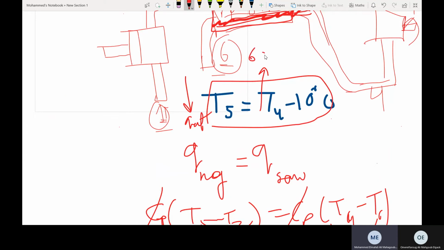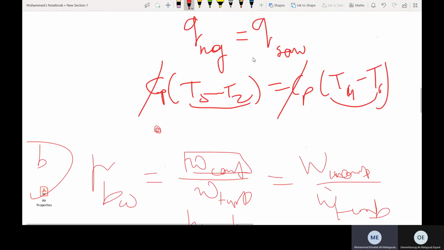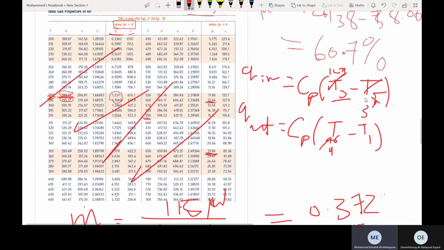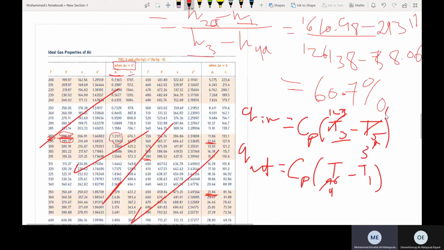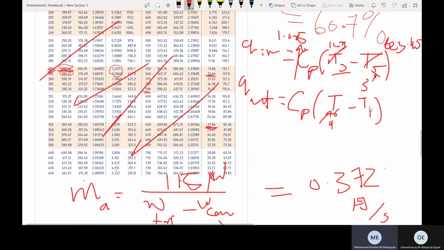It was 633.45. So just subtract 10 degrees. So we're going to get T5 as 623.45. Cp, of course, is known, which is 1.005. And now T1 is known, which is 303 Kelvins, given in the problem.